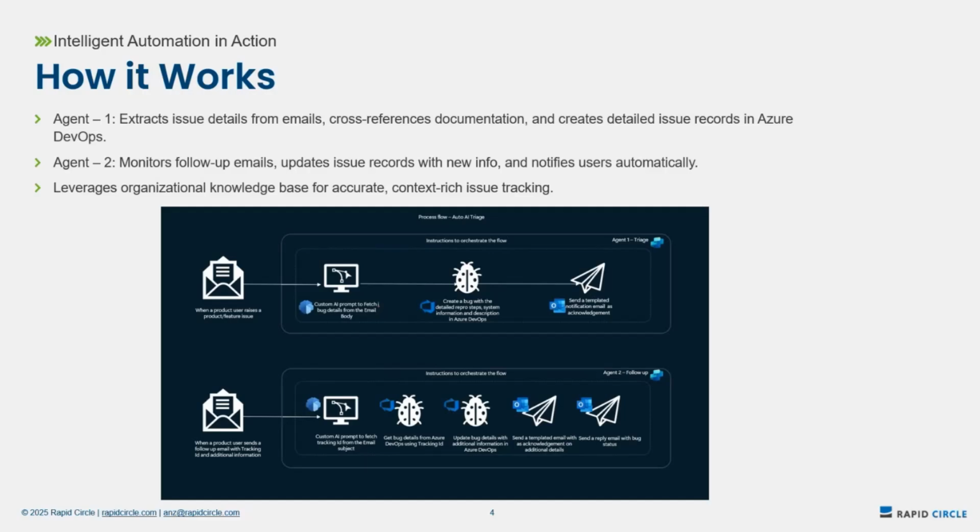So in short, these two specialized AI agents work together very well, one for initial triage and one for follow-up. And as you can already guess, together they eliminate repetitive manual steps, ensure accuracy, and provide a seamless experience for both support teams and users.